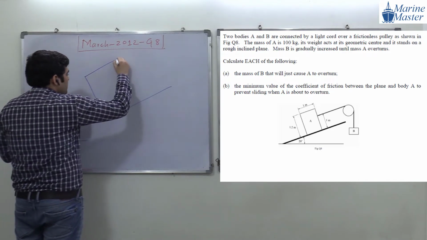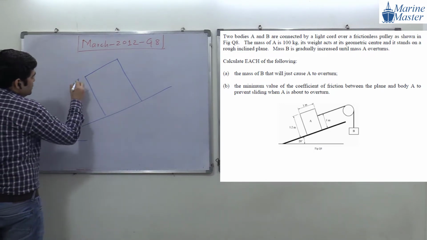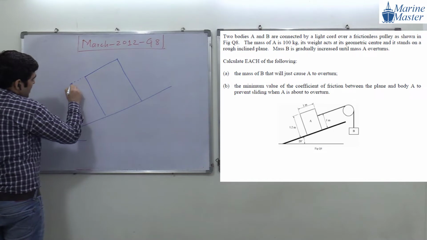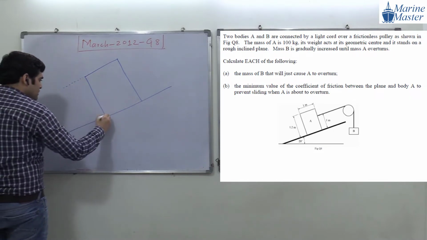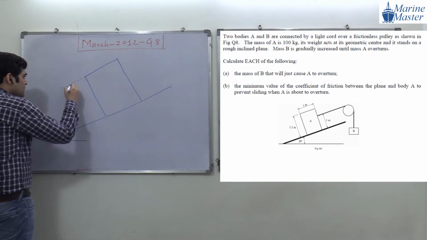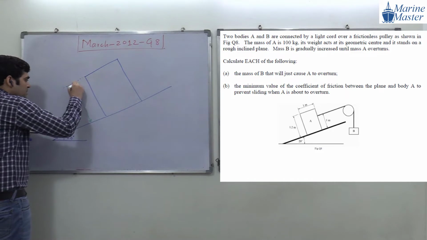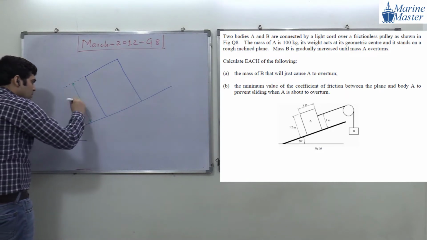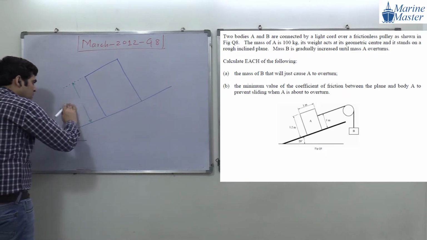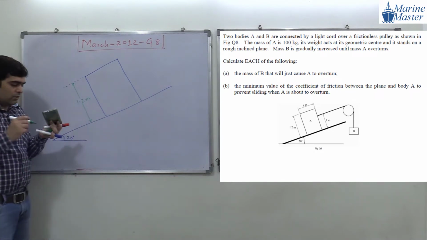See, this is our mass A. This dimension is how much? 1.2 meter. And this dimension is also 1.2 meter. Okay, good.